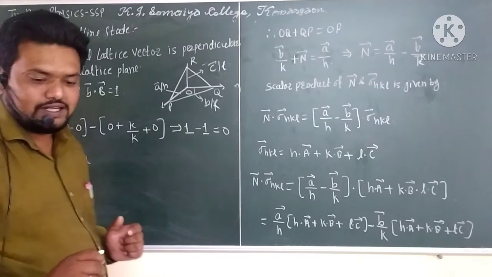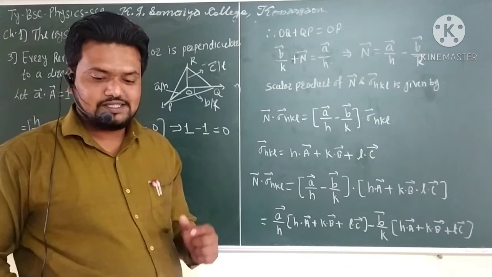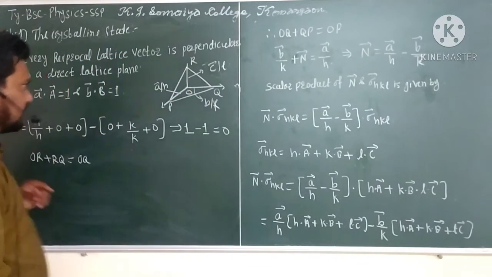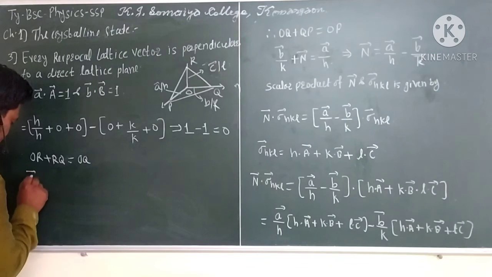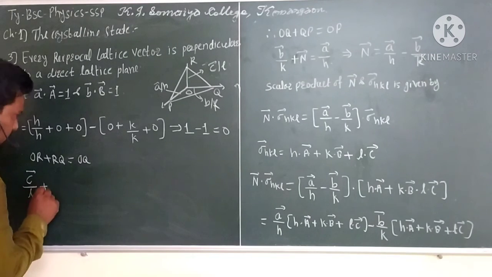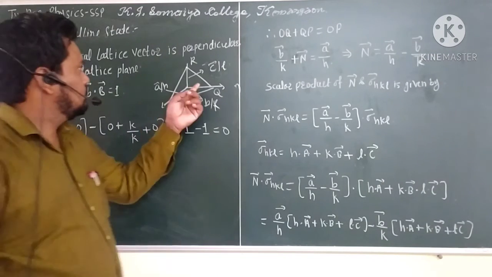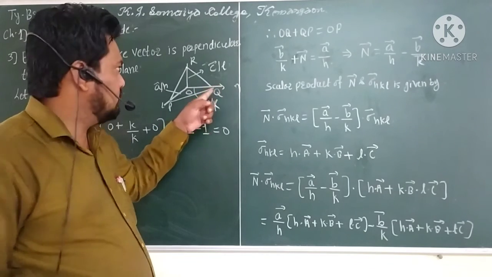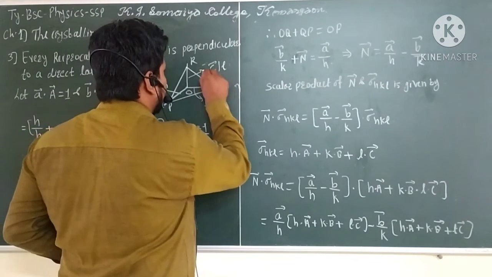If we calculate in a similar fashion, OR is nothing but the C bar by L, plus this RQ, which is R and Q, which we consider as the M bar.